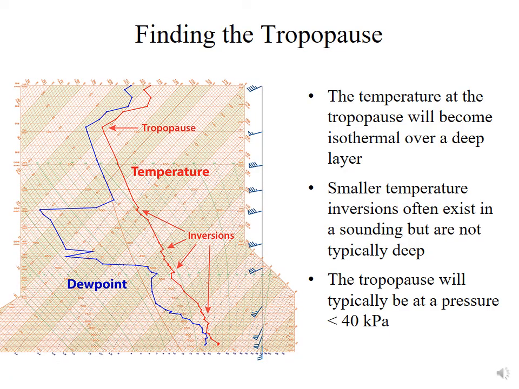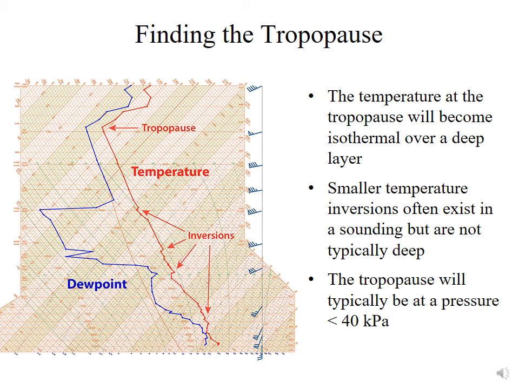So finding the tropopause. Here we have a skew T diagram that has the temperature from the Raywin-Sum drawn in red and the dew point temperature drawn in blue. And the temperature at the tropopause will typically become isothermal over a deep layer.